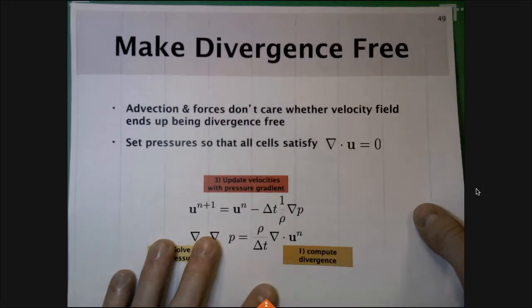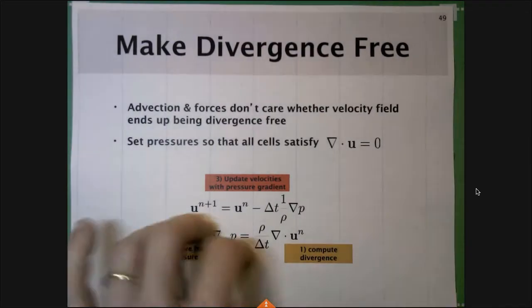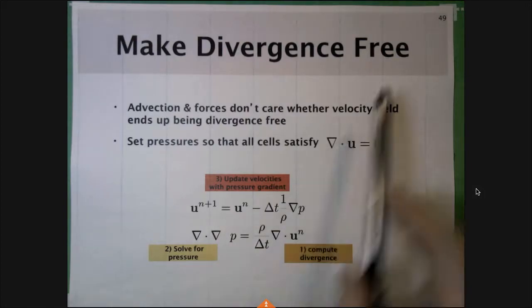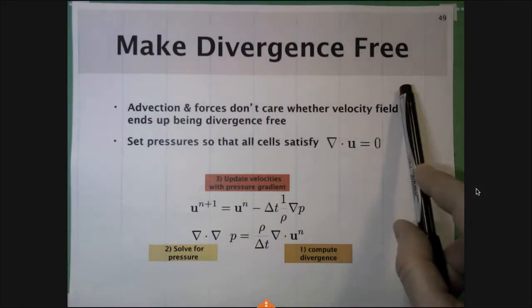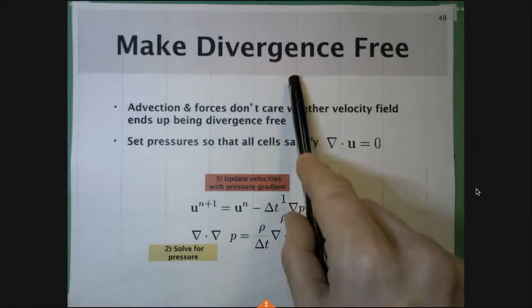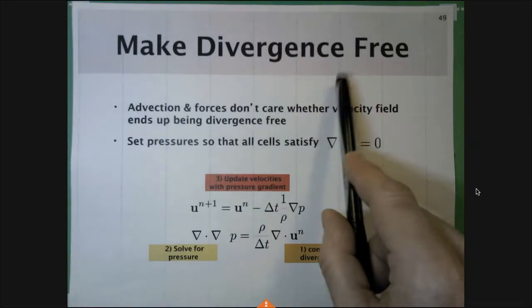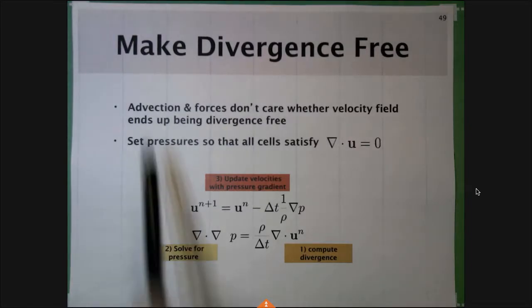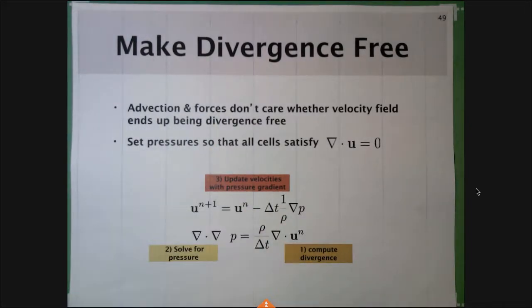And the most critical step, I guess they are all sort of critical, or maybe the most computationally expensive step, is the pressure projection and guaranteeing that your velocity field will stay divergence-free. Okay. So advection and forces can destroy that property. They will not give you a divergence-free velocity field.